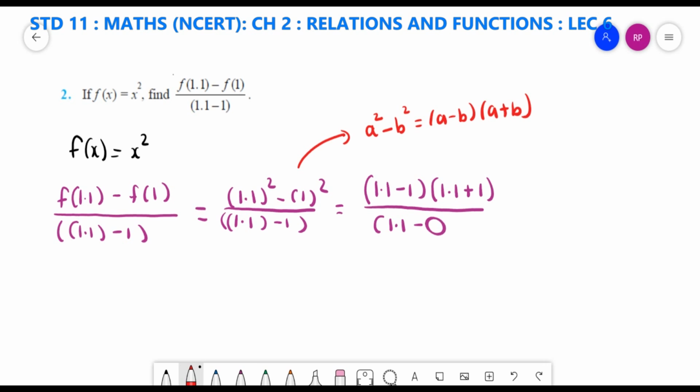So what will happen? 1.1 − 1 and 1.1 − 1 will get cancelled. So this will be equal to 1.1 + 1, which is equal to 2.1. Clear? So note down question number 2.